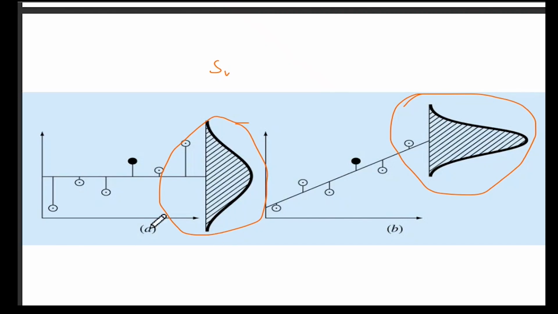So yang beza di antara dua ni adalah, okay, katakan ini adalah titik yang sama. Okay, ini adalah titik yang sama. A dengan B itu adalah yang sama.